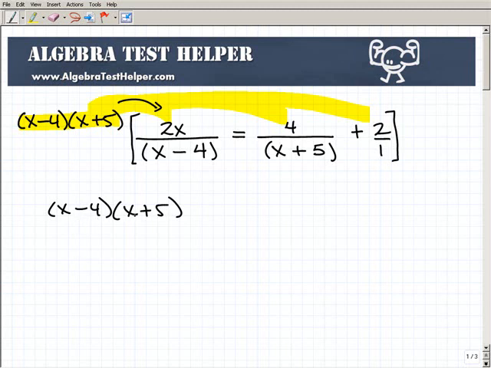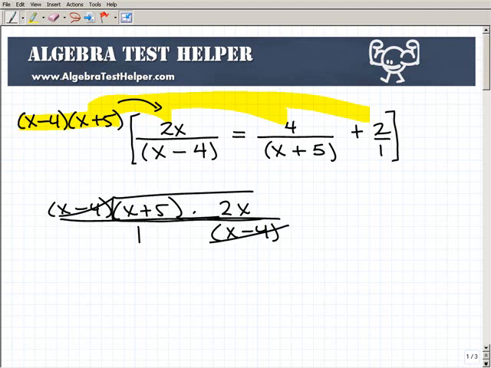So x minus 4 times x plus 5 times 2x over x minus 4. This is like over 1, so what you have is basically one big fraction, right? And these two can cross cancel, so you're left with 2x times x plus 5. That's the result of x minus 4 times x plus 5 times this first term. And that's how it's going to work for the rest of these.